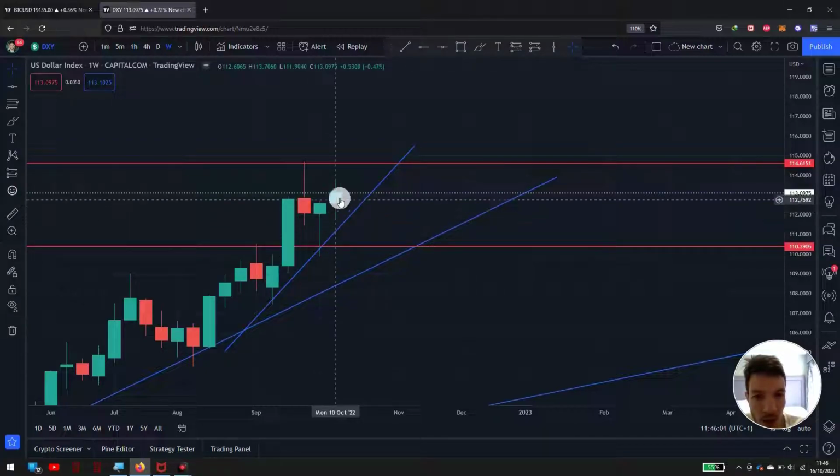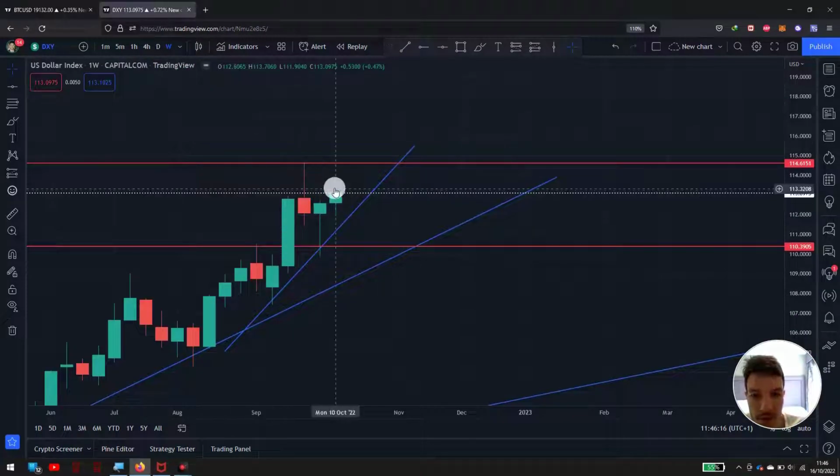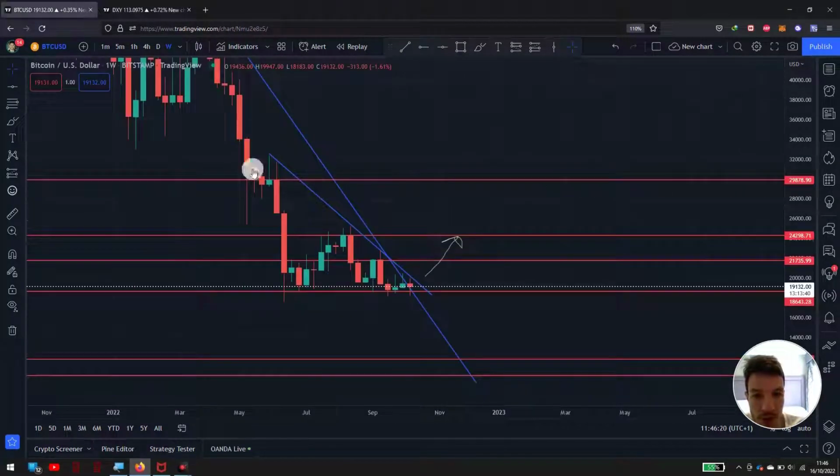So now we are on the way up. So if we come back to this area here, that means the US dollar is going up, and then Bitcoin is going to fall again. But if the US dollar goes down, then we can see that Bitcoin will go up again.